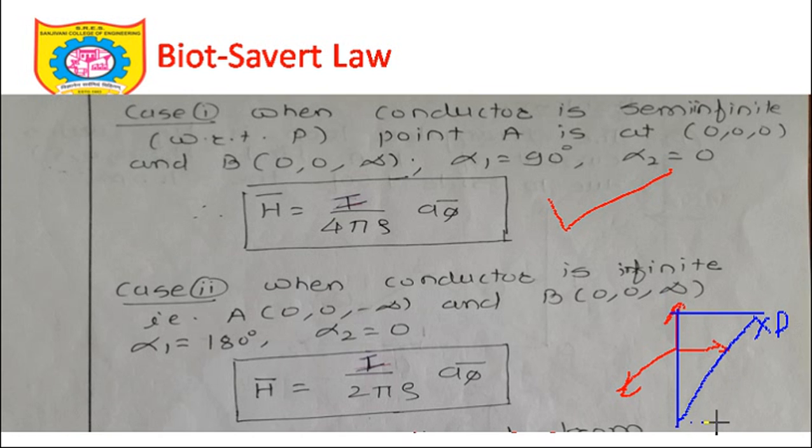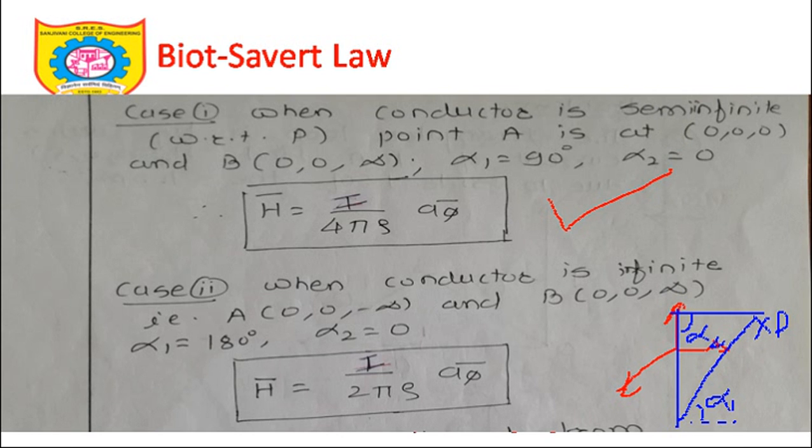So I need to calculate alpha 1 as the outer angle and alpha 2 as the inner angle. Since it is infinite, alpha 2, as in the earlier case, is going to tend to 0, but alpha 1 is going to tend towards almost 180 degrees. So alpha 1 is 180 degrees, alpha 2 is 0. Just try to imagine this is an infinite line charge extending from minus infinity to infinity.